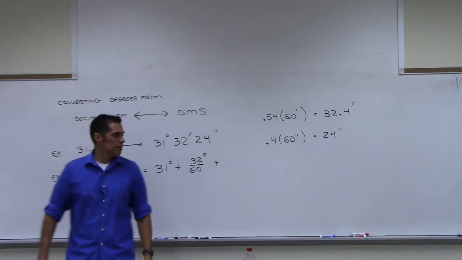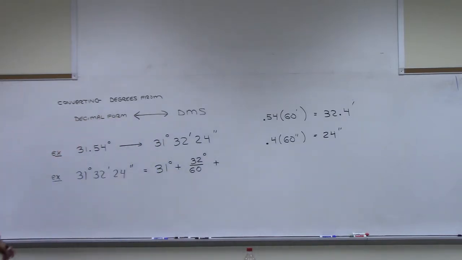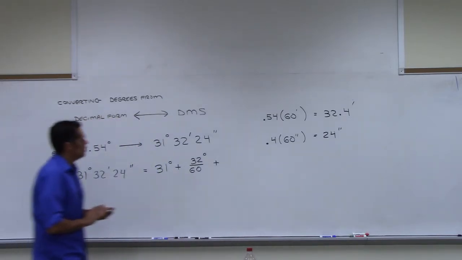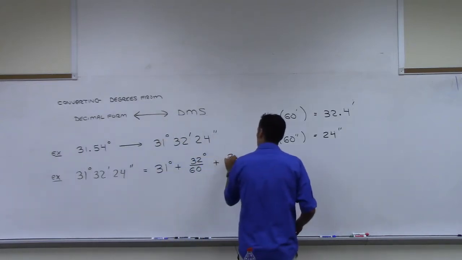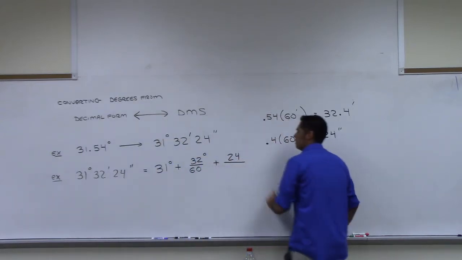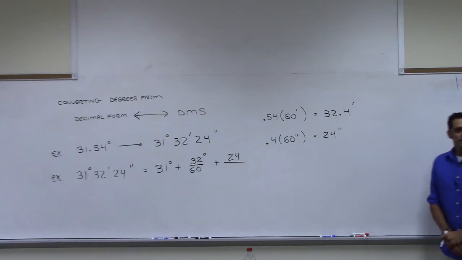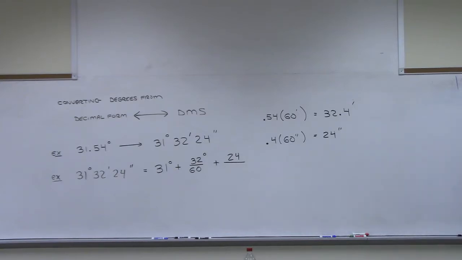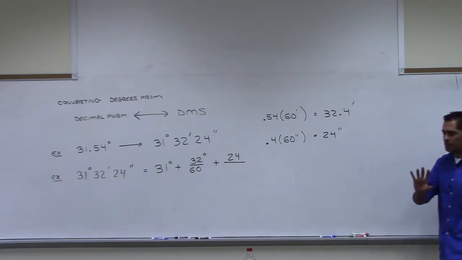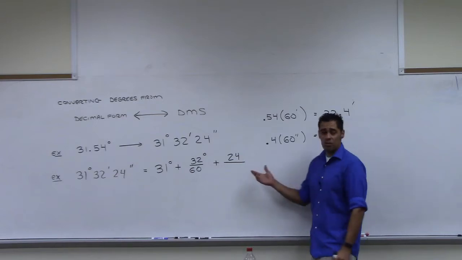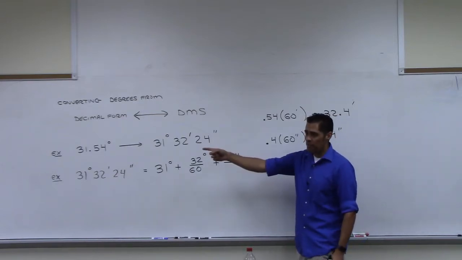What do you think we do with the 24? Take the 24 and divide by, what do y'all think? 60? 120? 3,600? Let's try 60 and see what happens. We know what the answer should be, right? 31.54?